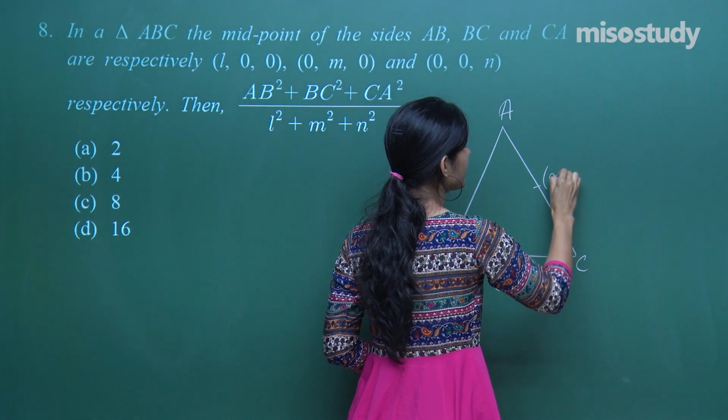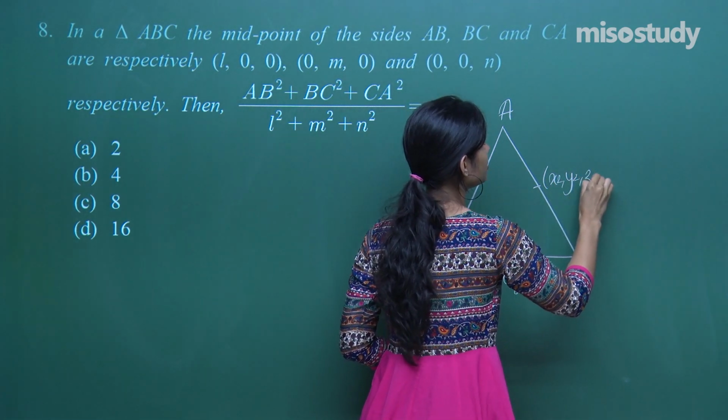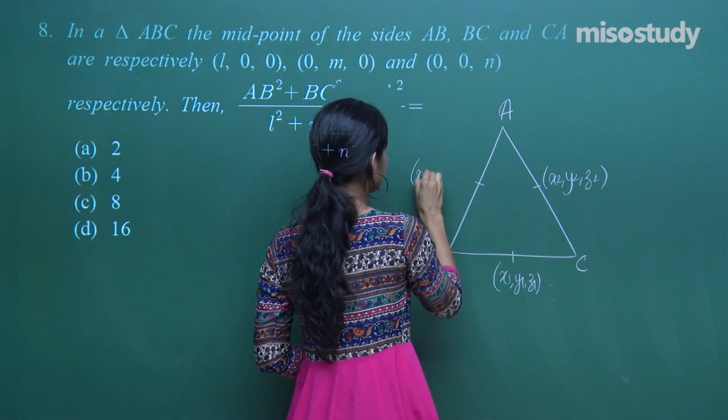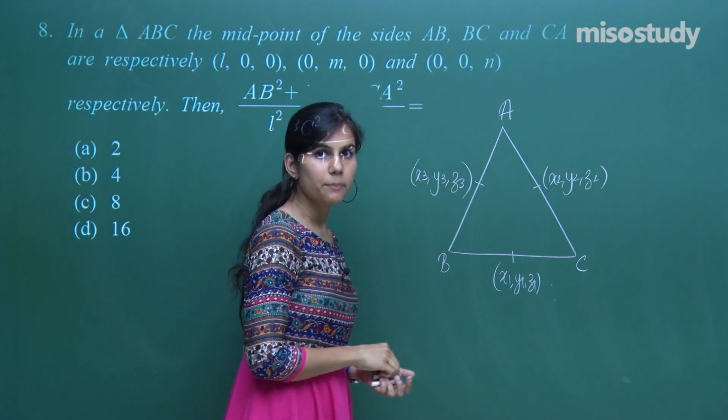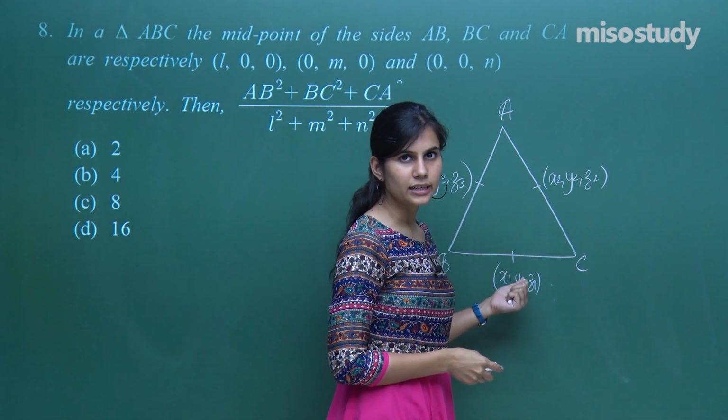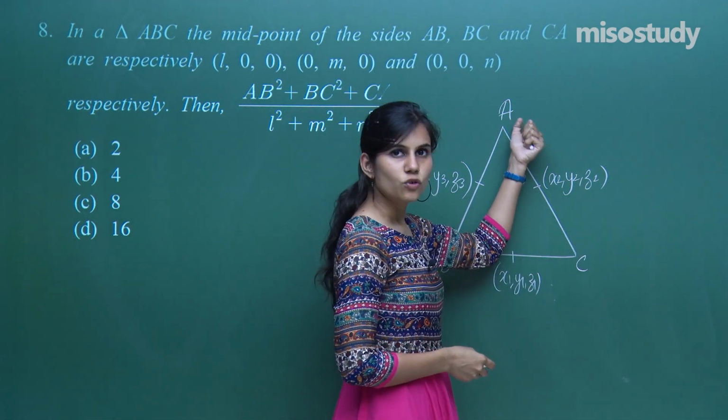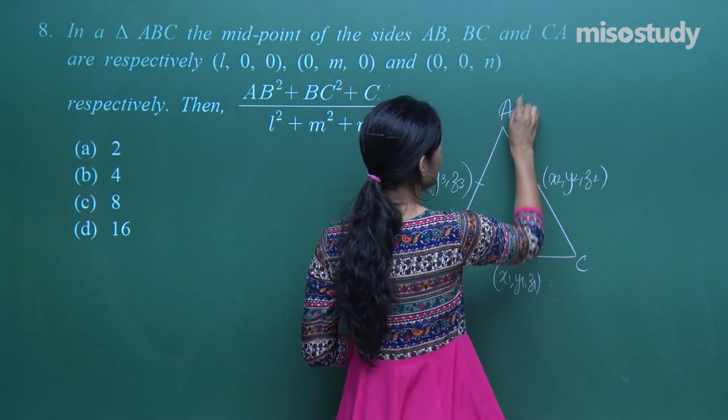This midpoint is x2, y2, z2. And this midpoint is say x3, y3, z3. When you are aware of the midpoints of the 3 sides of this triangle, you can very easily get the coordinates of the vertices. What is that?